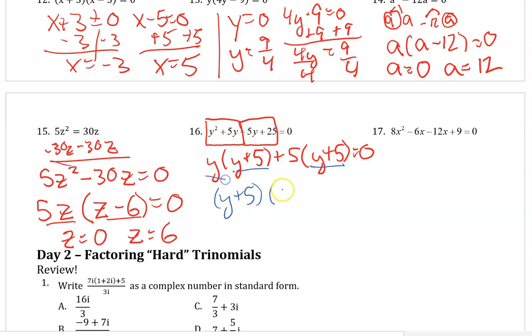Well, first it's being multiplied by y, and then it's being multiplied by plus 5. So either y equals negative 5 or y equals negative 5 again. So there's only one answer for this one. It's a double root. The same number comes up twice.